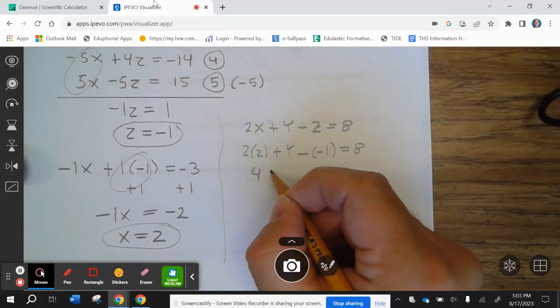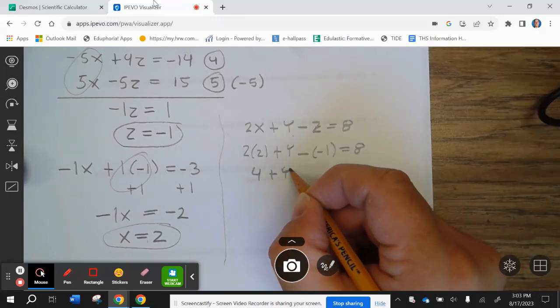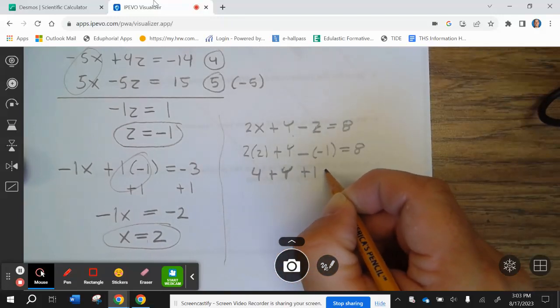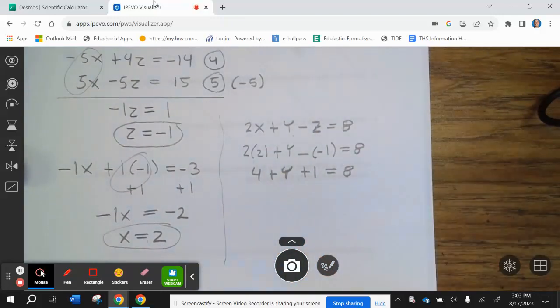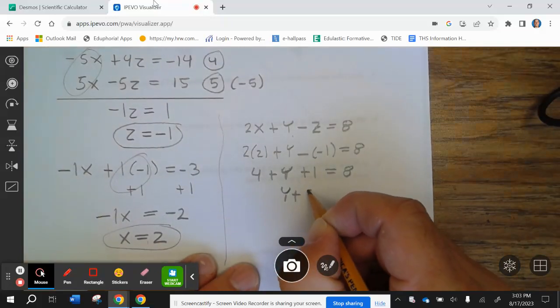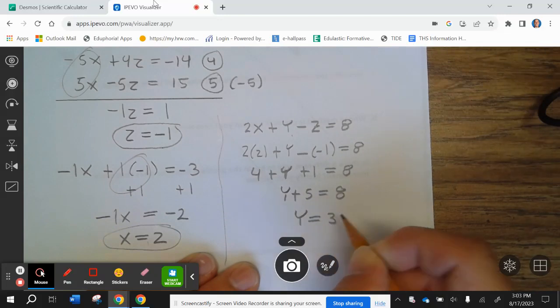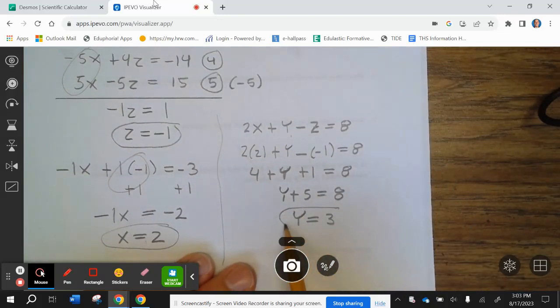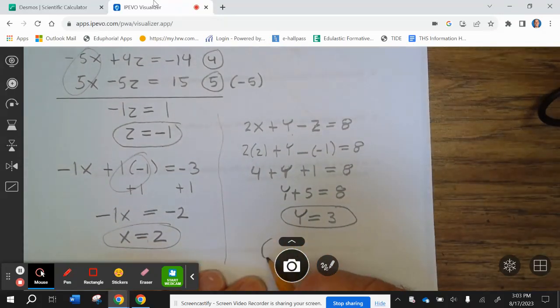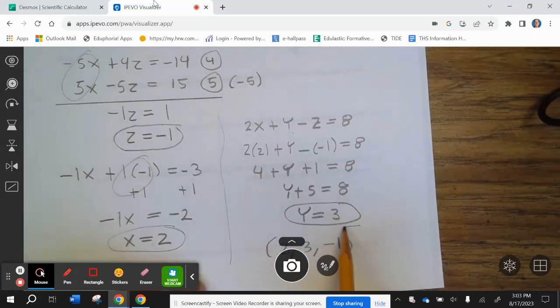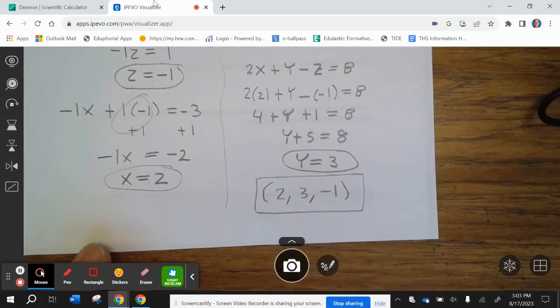So that's 4 plus y plus 1 equals 8. So y plus 5 equals 8. So y equals 3. So the solution to your system is 2, 3, negative 1. Okay, go ahead and finish it up.